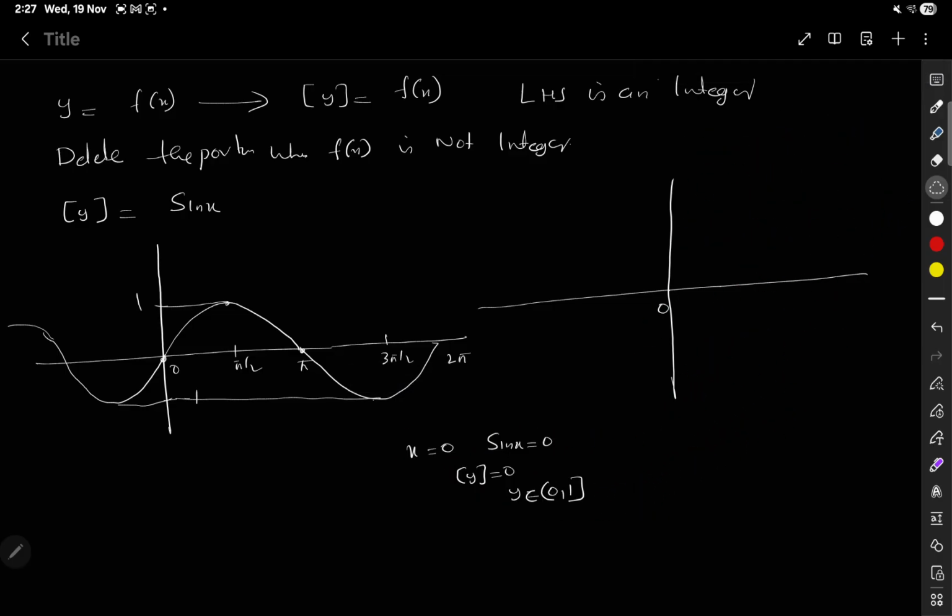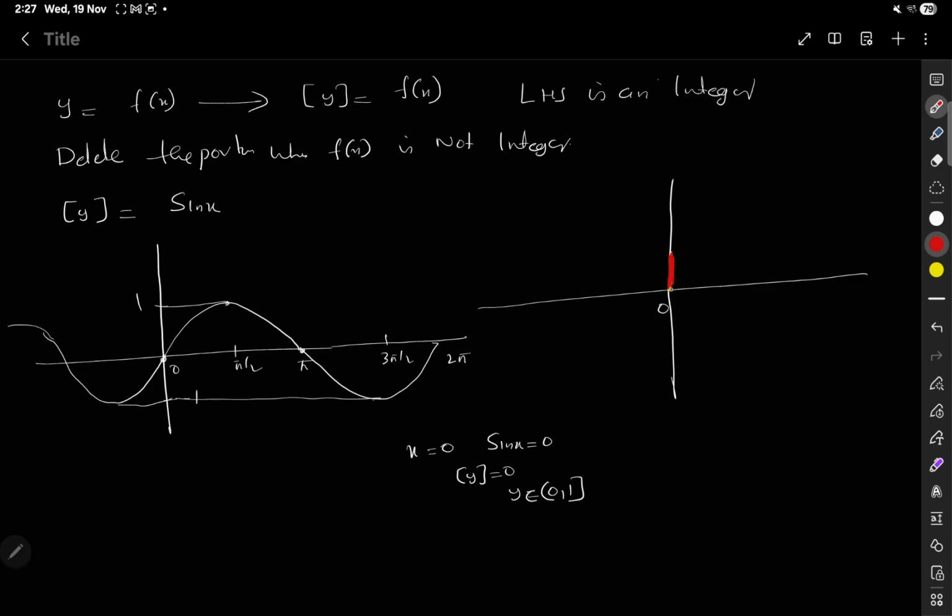Okay. When x is 0, sin x is 0, step y is 0, y belongs to 0 to 1. So when x is 0, all y from 1 to 0, all this in some other color, all this will satisfy this condition.